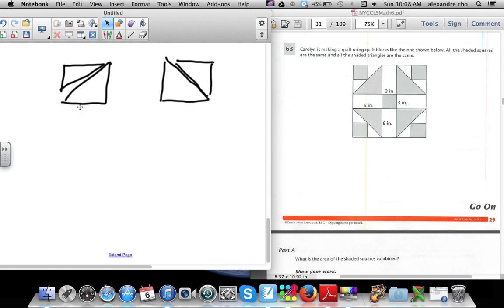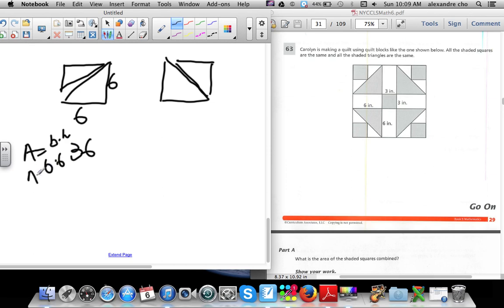So how can I find the area of all 4 triangles? Well, if I get all 4 triangles, I get 2 rectangles. And I know what the base is. Here is 6, and this is 6 as well. So here I get 6 times 6 is 36. Area equals base times height. Should have written that first. And then 6 times 6, which equals 36 inches squared. So that's for these 2 triangles.